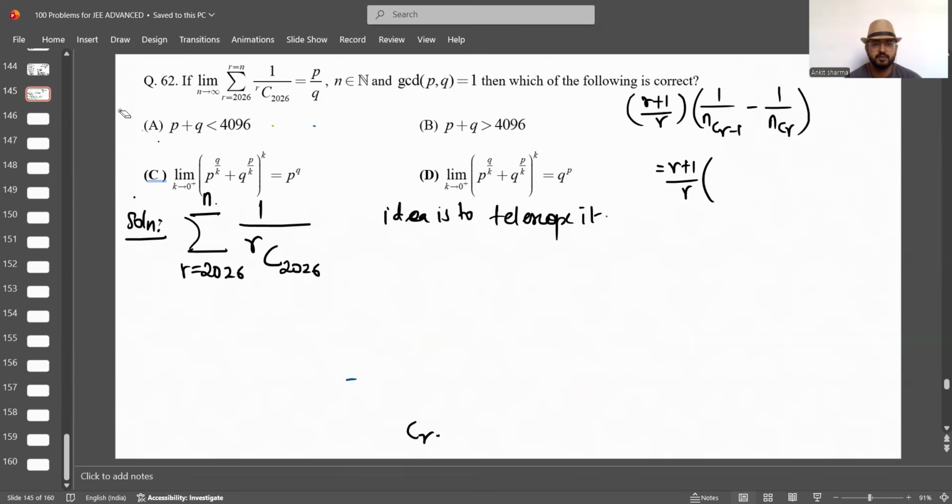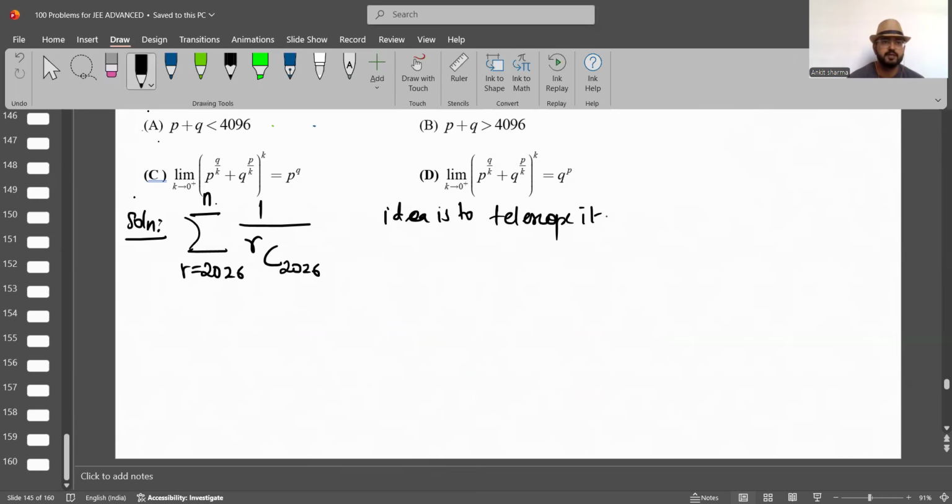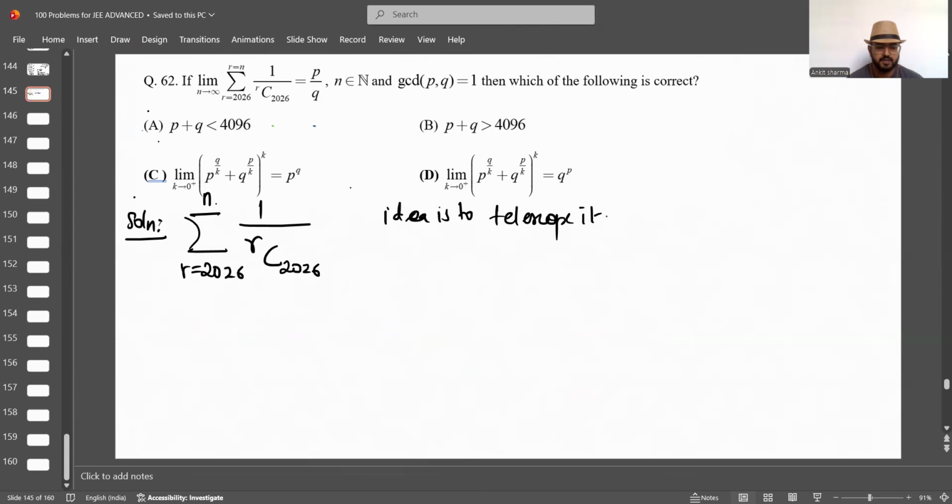Apply the other approach. Still the same thing, but in a different way. So if I consider this part, instead of nCr minus (n−1)Cr, I have this one over (n−1)Cr into nCr.